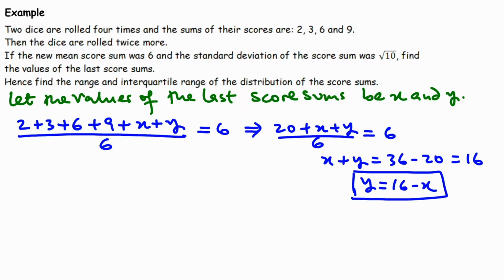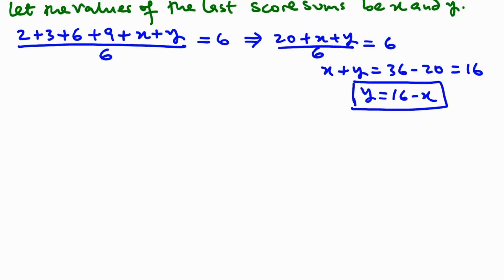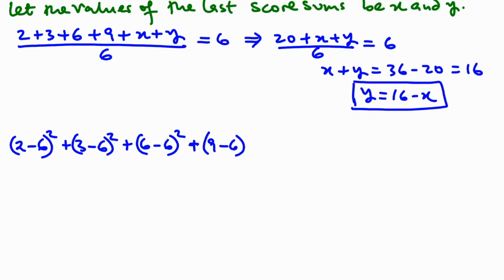The next thing that you're told is that the standard deviation is square root of 10, so we can go ahead and calculate the variance. Now, to calculate the variance, we need to subtract the mean from each of these scores. So 2 minus 6 squared plus 3 minus 6 squared plus 6 minus 6 squared plus 9 minus 6 squared plus x minus 6 squared plus y minus 6 squared.